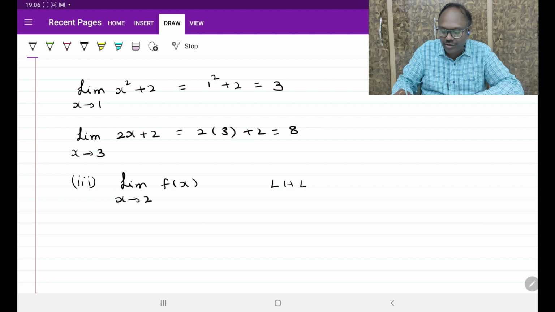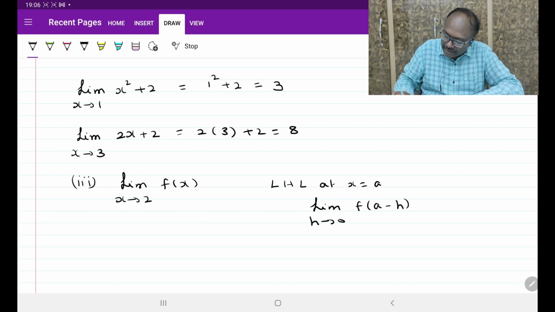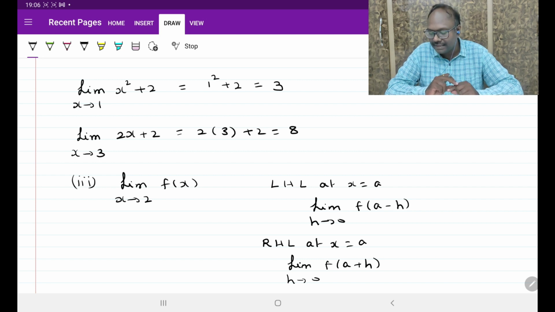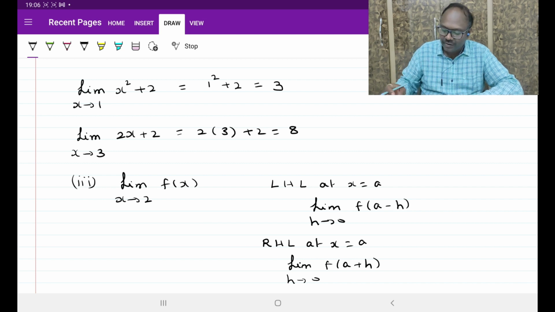Left hand limit, in short we write it as LHL, at x equal to a is limit h tends to 0 of f of a minus h, and right hand limit, shortly written as RHL, at x equal to a can be written as limit h tends to 0 of f of a plus h, and the limiting value of the function exists only if the left hand limit and the right hand limit are equal. So let us try to find out the left hand limit and right hand limit.